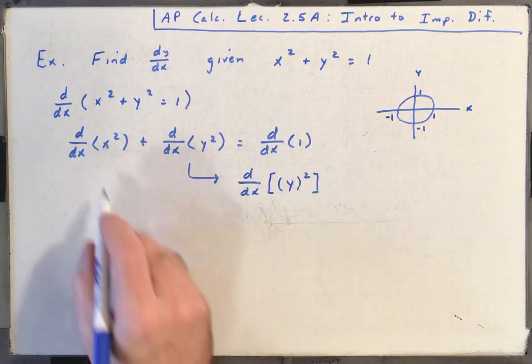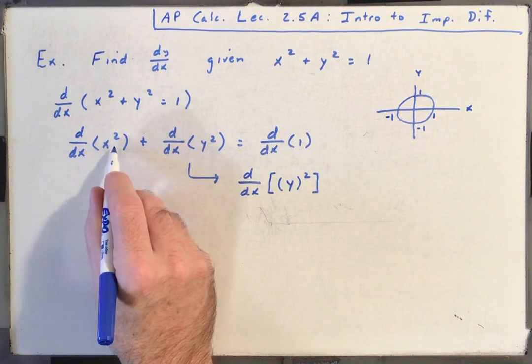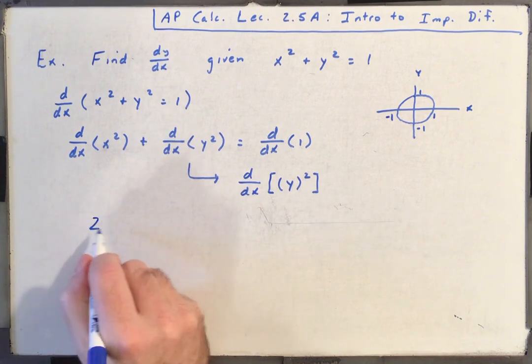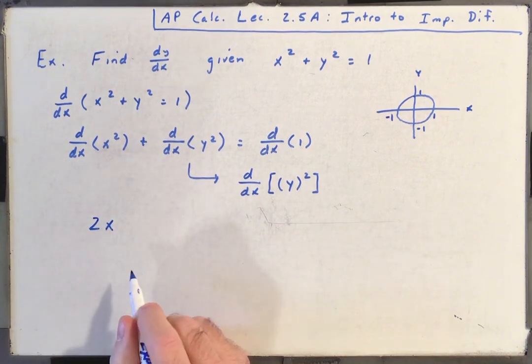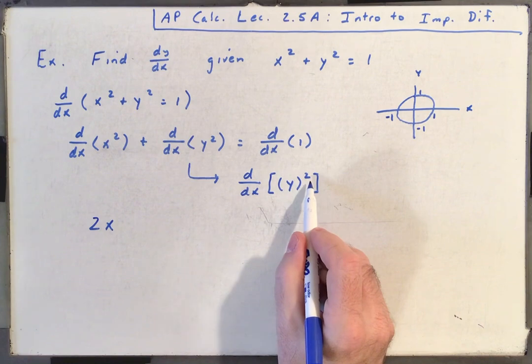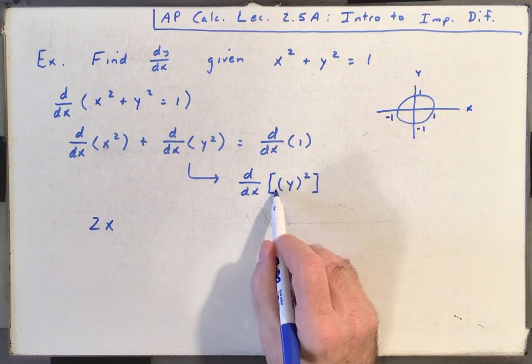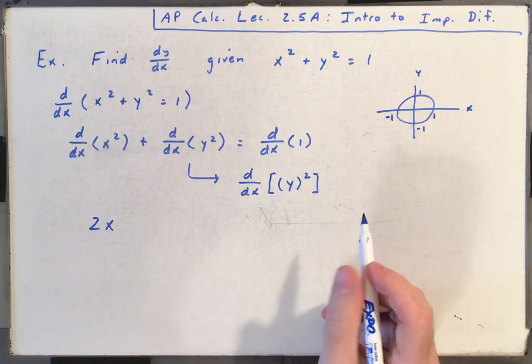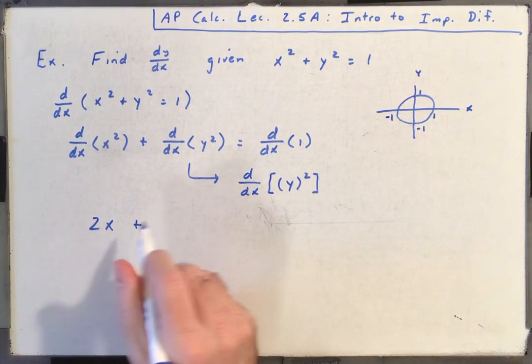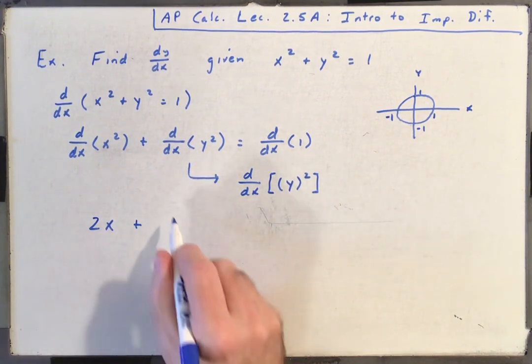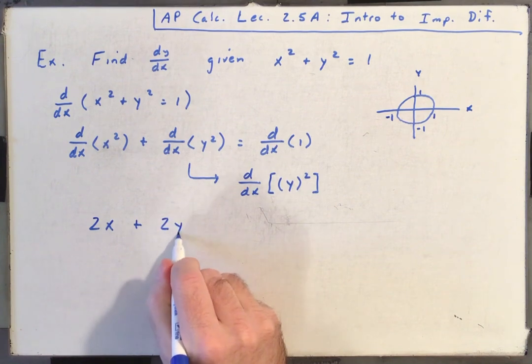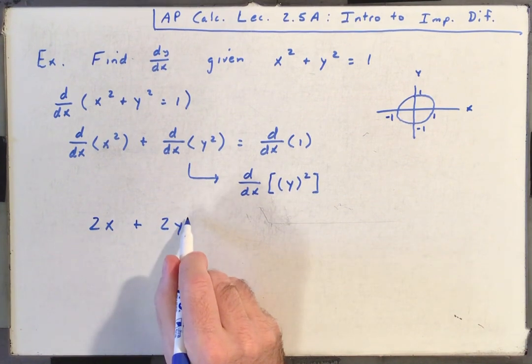Okay, so moving down here, the derivative with respect to x of x squared is 2x. Okay, so this is a chain rule. You're going to bring the 2 out front and drop it to the first power. So it's going to be plus 2 times y to the first, but I'm not going to write it.